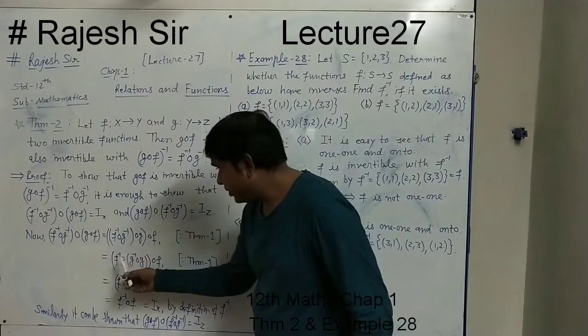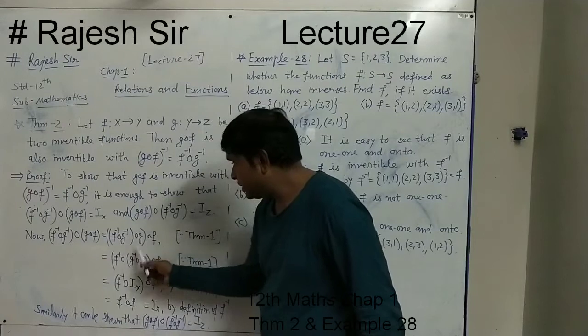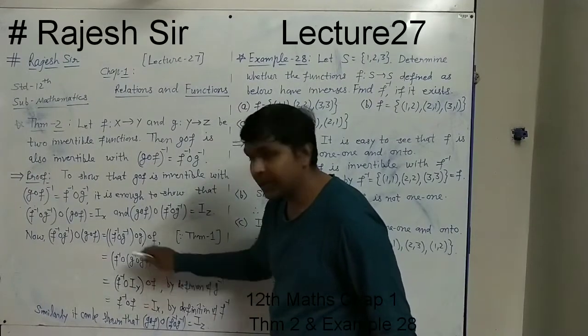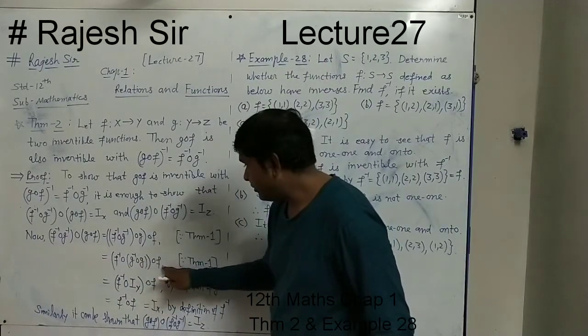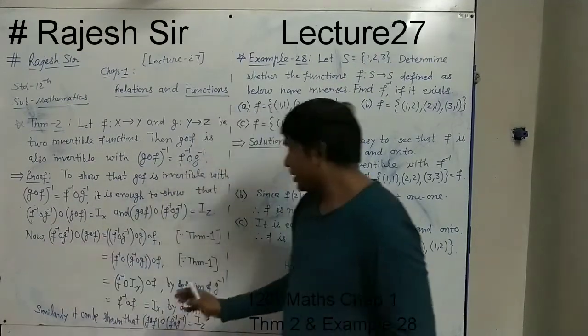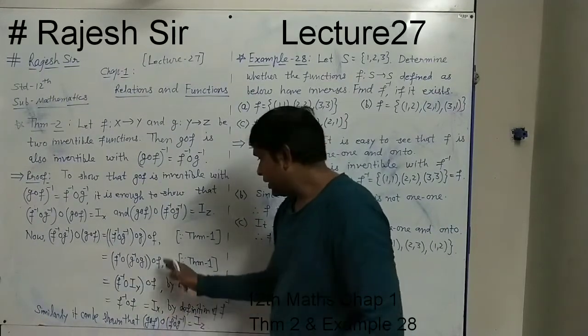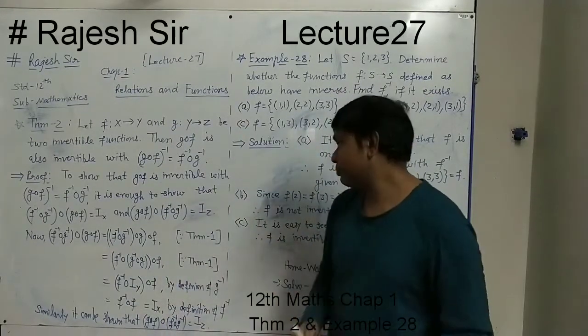Now again in the same way, f inverse of g inverse of g we take in one group, and of f outside, and f inverse of this side outside. So g inverse of g, this way we can make the group. Again by theorem 1 we can change the group.